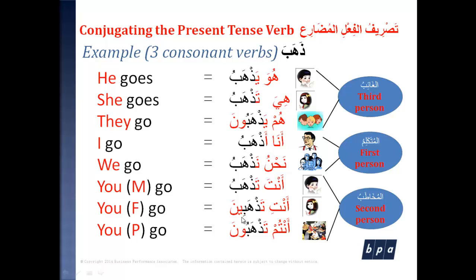So the only change that you see is with anti. When you address a female, you exchange the dhamma with a kasra. Otherwise, the vocalization of the three main letters stays the same. We are just adding a prefix or sometimes a suffix to the main letters.